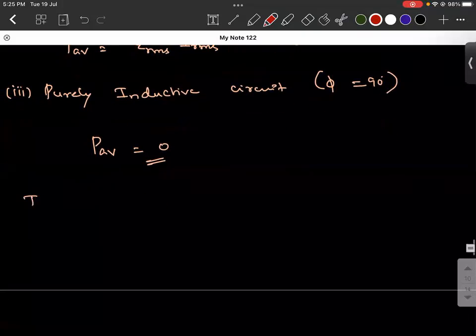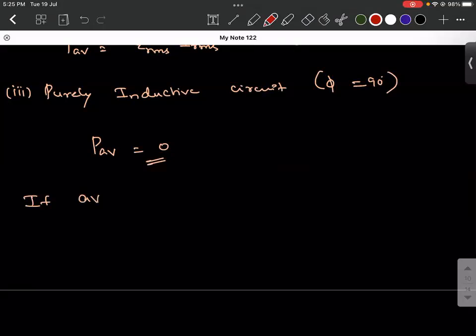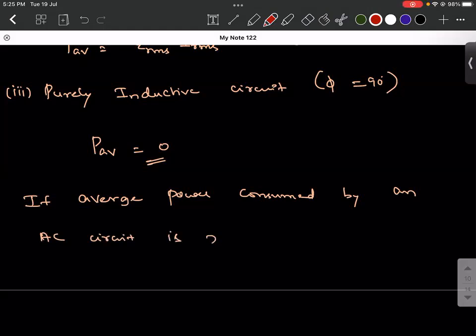Now, if the average power consumed by an AC circuit is 0, then the current is said to be wattless current.